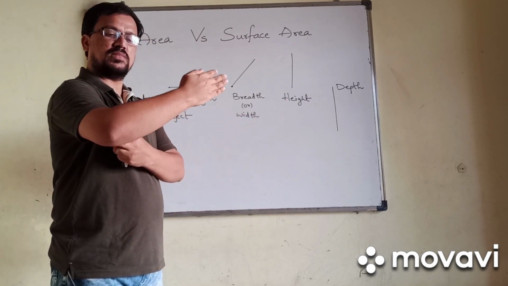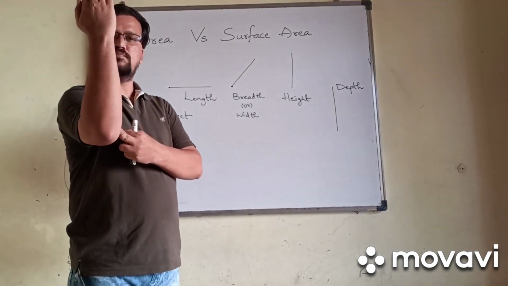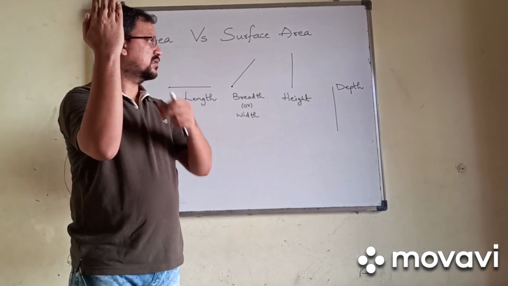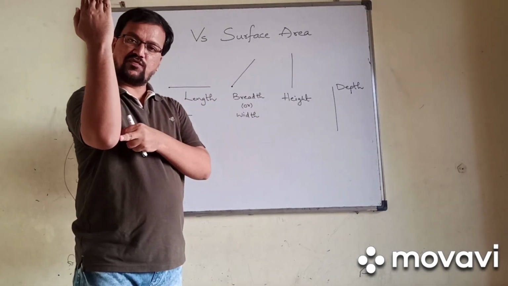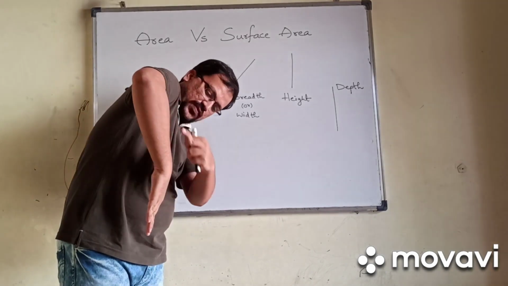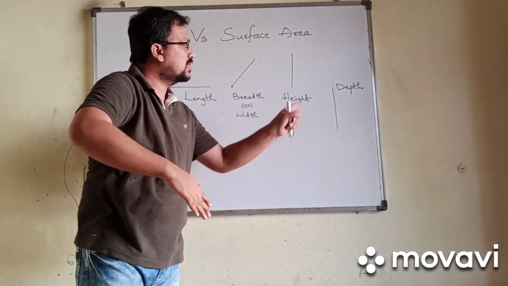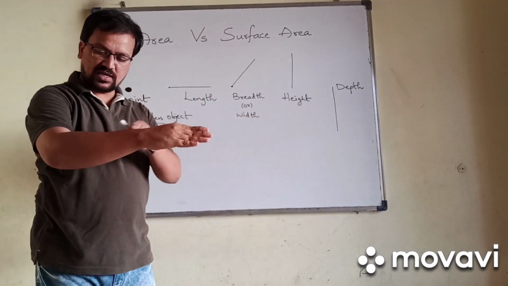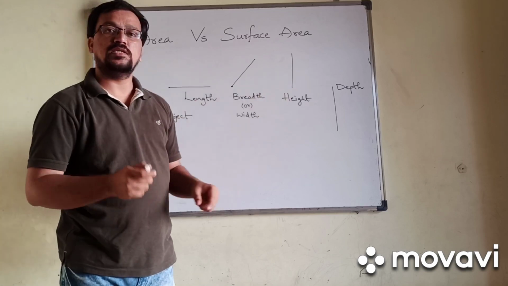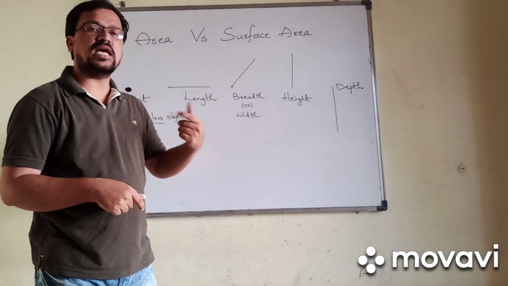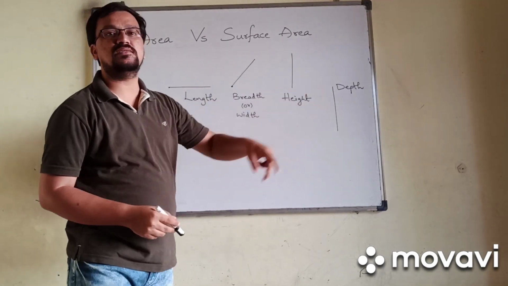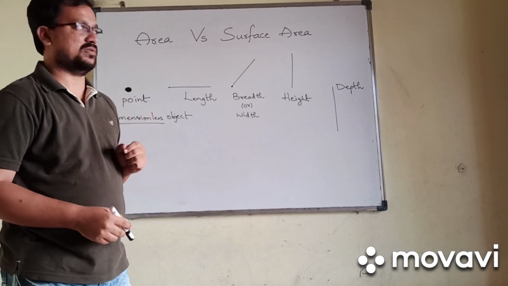If you stretch my hand like this, then this will be taken as a height. How can I get the depth? If this is changed to the direction like this, then this will be called my depth. So, one line segment will have different names depending upon its direction.